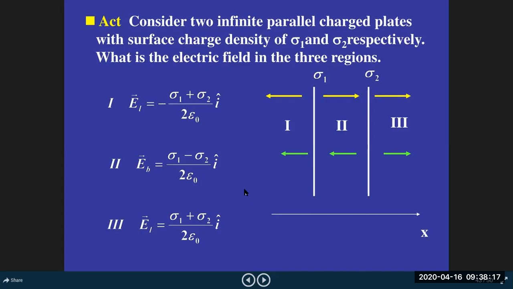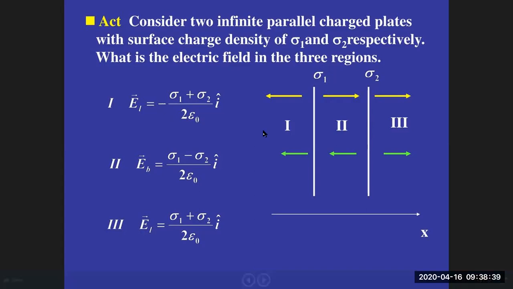So the next thing is that we have to calculate the electric field at a point on the right side of the two parallel plates. So we say this is the third region, this is the second region, this is the first region. This is first zone, second zone, third zone. So at the three locations we have found electric fields.